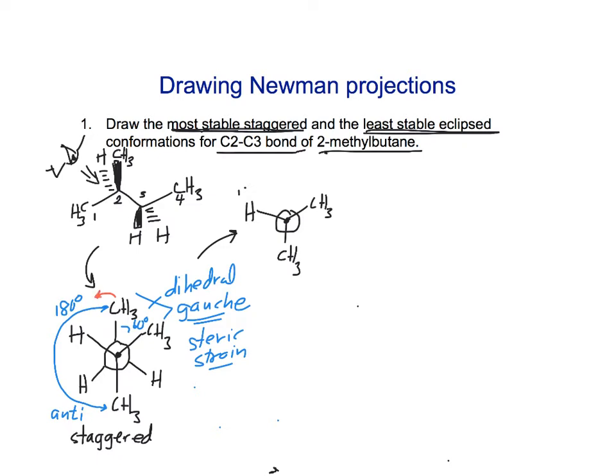I'm going to rotate it by 120 degrees, and so it's now going to be between this hydrogen and the methyl group. This hydrogen down here is going to rotate over to the right, so it's going to be over here. Remember, that line goes directly to the circle, and this hydrogen here is going to rotate up like this. So what I've done is just rotated the back carbon relative to the front one, just like I'm spinning a propeller. Okay, so this gives us another conformation.